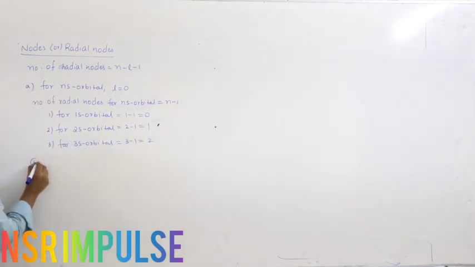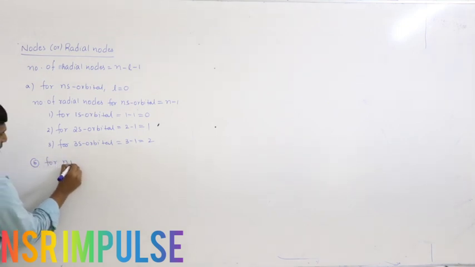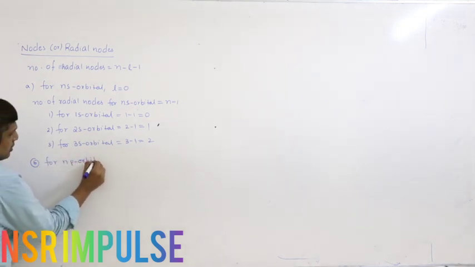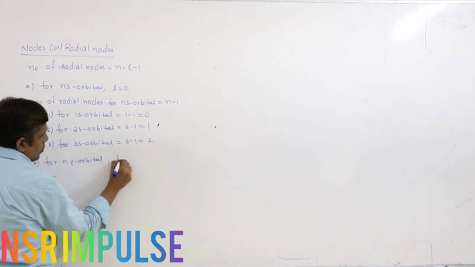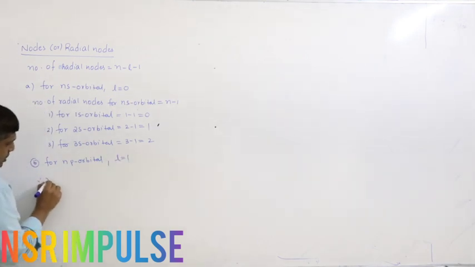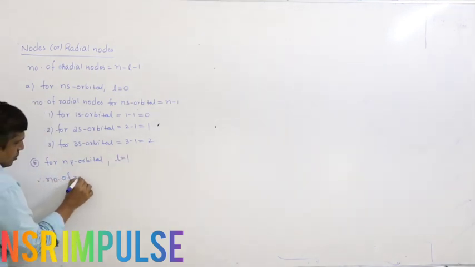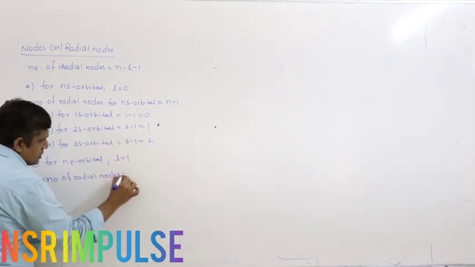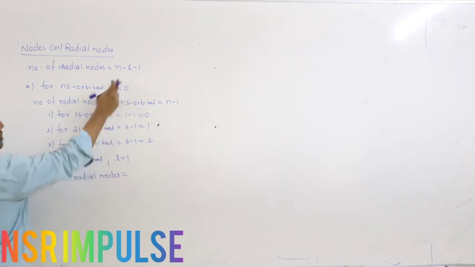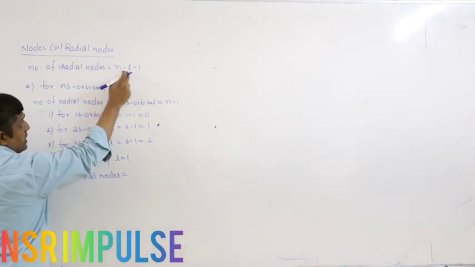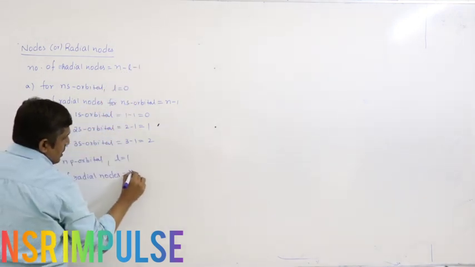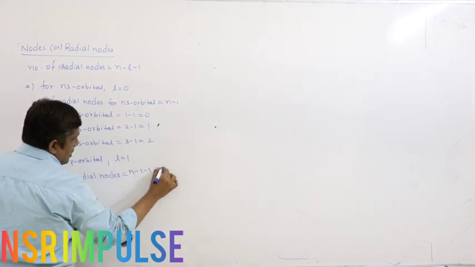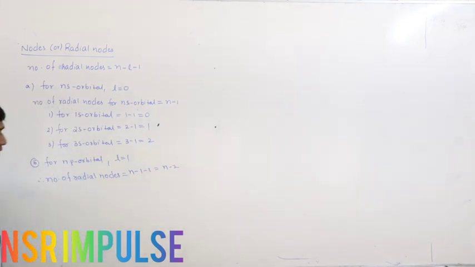So let us apply for the p orbital. For the np orbital, l equal to 1. Therefore the number of radial nodes, I have to substitute l equal to 1, n minus 1 minus 1, that is n minus 2. So the np orbital has n minus 2 radial nodes.